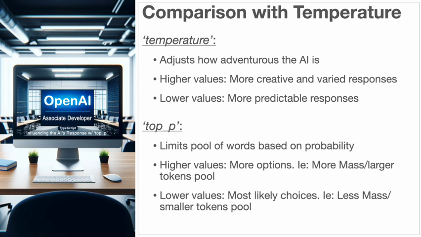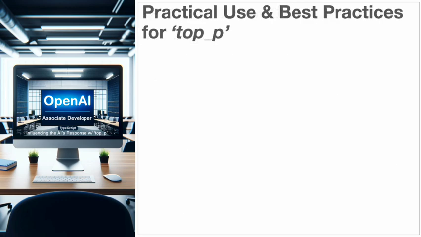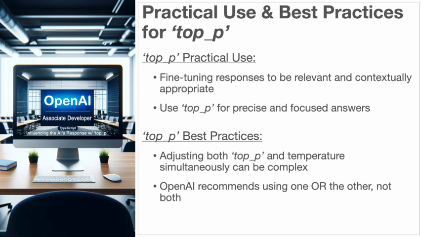In practice, top P is great for fine-tuning responses to be relevant and contextually appropriate, especially when you need precise and focused answers. You should know that in practice, adjusting both the top P and temperature properties simultaneously can be complex, and OpenAI generally recommends using one or the other, but not both together.